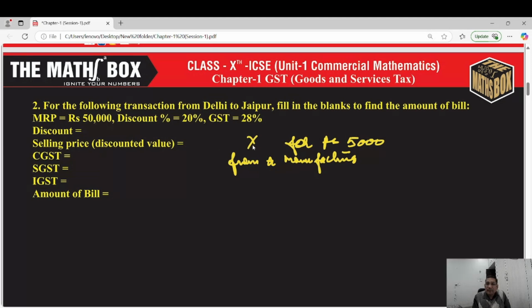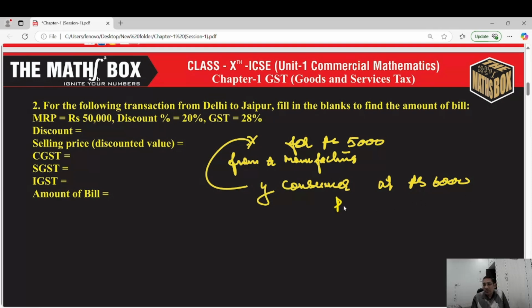X is a purchaser. He's buying it from the manufacturer, and X sold it to Y, say the consumer, at rupees 6,000. That is a profit of 1,000.